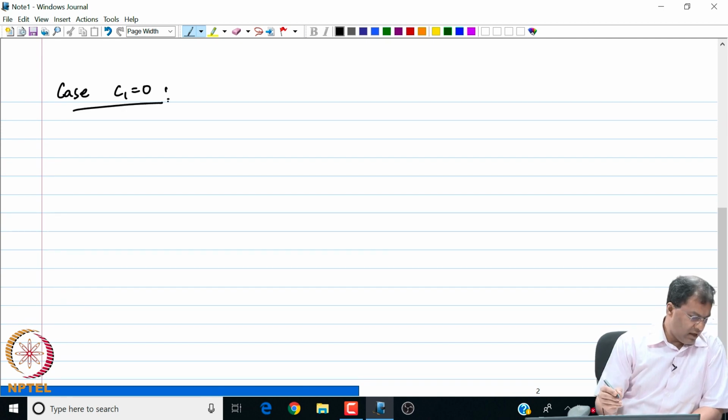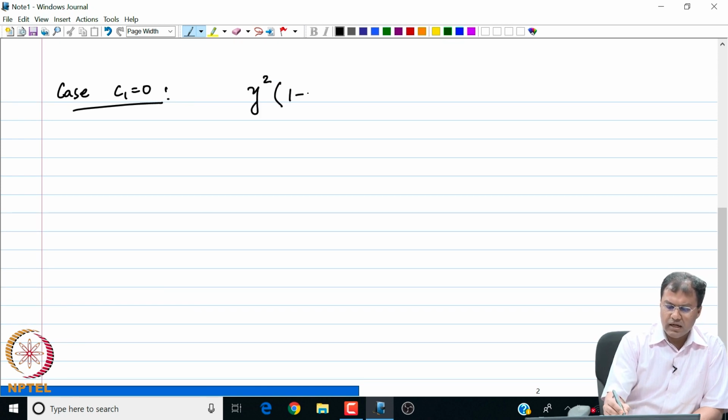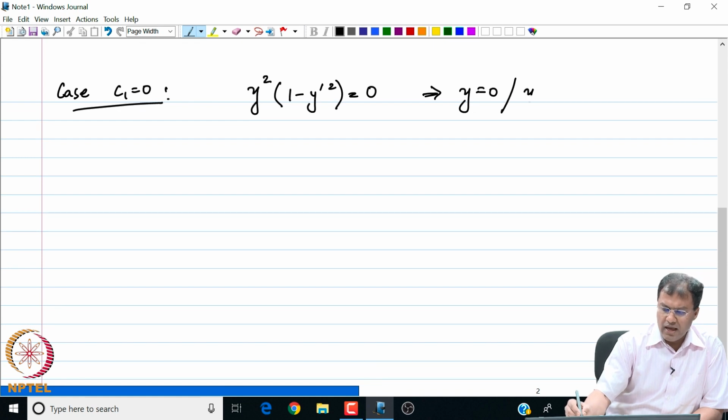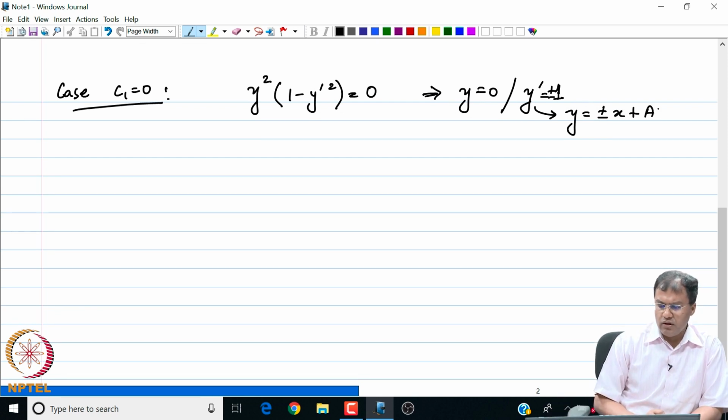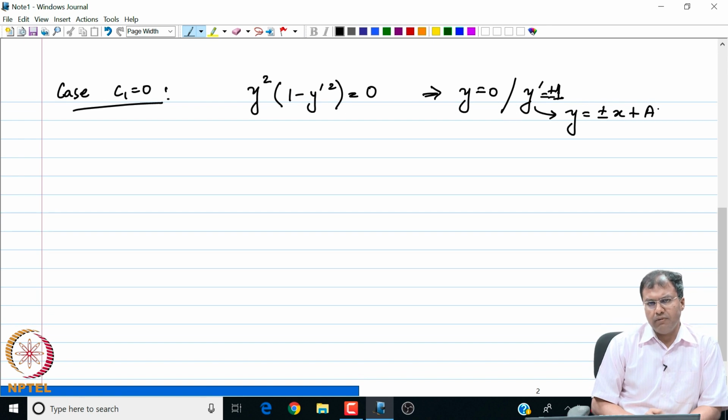Then the solution to the Euler-Lagrange equation is the following: either y is 0, or y prime is equal to plus or minus 1, which gives y equal to plus or minus x plus a constant a. So either the solution is a constant which is 0, or the solution is a straight line.